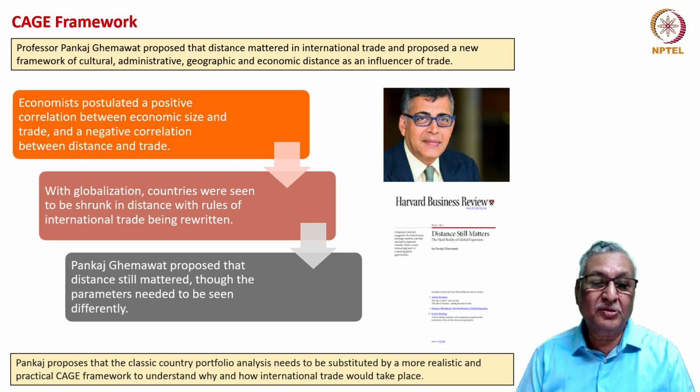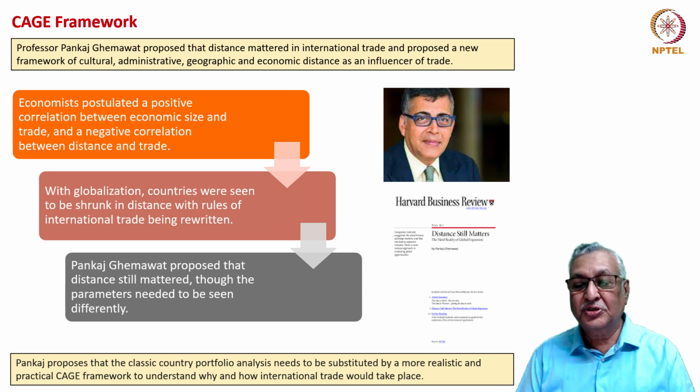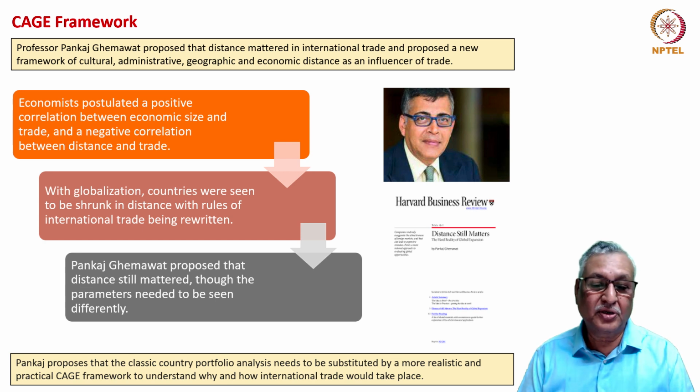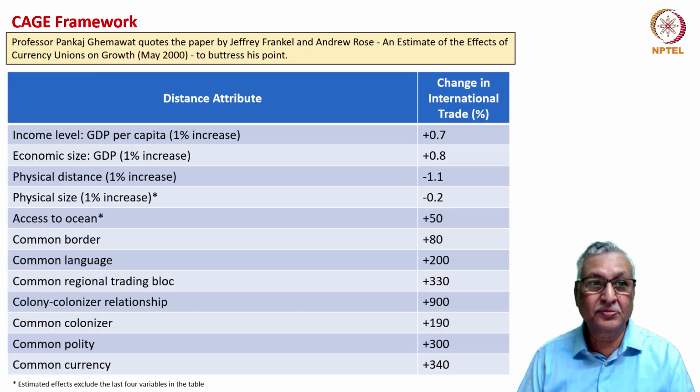Professor Pankaj Ghemawat proposed that distance still mattered, though the parameters needed to be seen in a quite different fashion. He proposes that the classic country portfolio analysis needs to be substituted by a more realistic and practical CAGE framework to understand why and how international trade would take place.